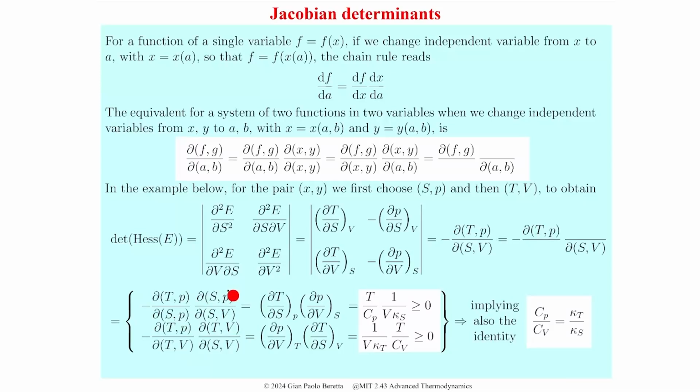Okay. And then I notice that I have chosen my choice so that in each of these determinants, Jacobians, there is a repeated variable above and below. So that is the derivative of T with respect to S at constant P. And this other side has S repeated. So that is the derivative of P with respect to V at constant S.